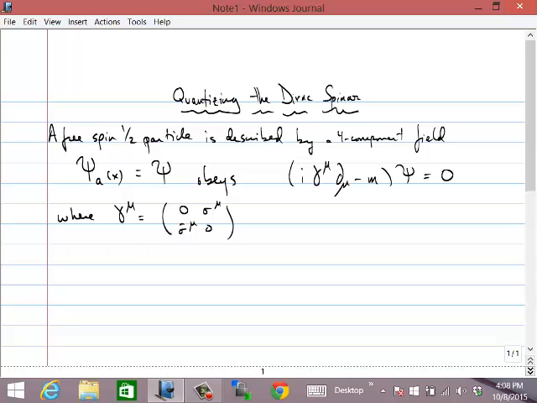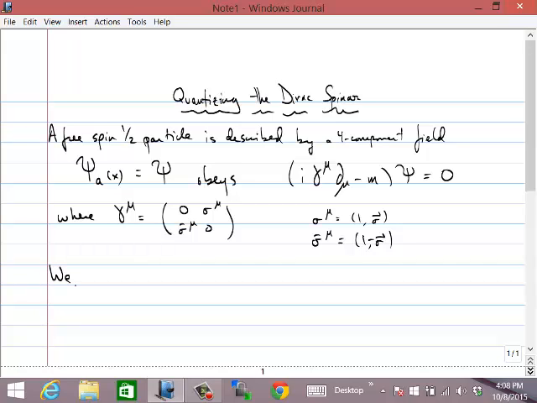They can be most efficiently written in 2x2 block form, as I have done here, where sigma^mu is a 4-vector containing the Pauli matrices, and sigma bar is just a notation describing a different 4-vector with a relative minus sign. So this is an equation of motion.